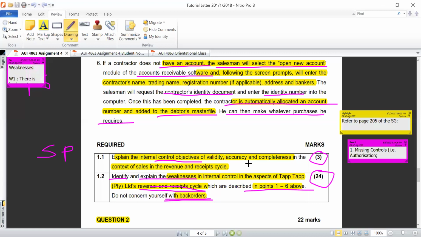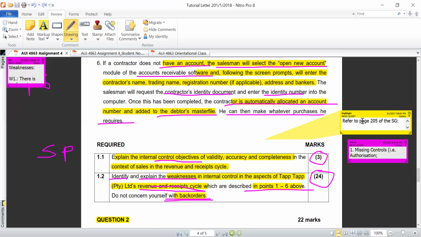In other words, they're simply asking you to describe internal control objectives of validity when it comes to sales, and accuracy. But for this one, it's a theory question, so it's not more of an application question as such.